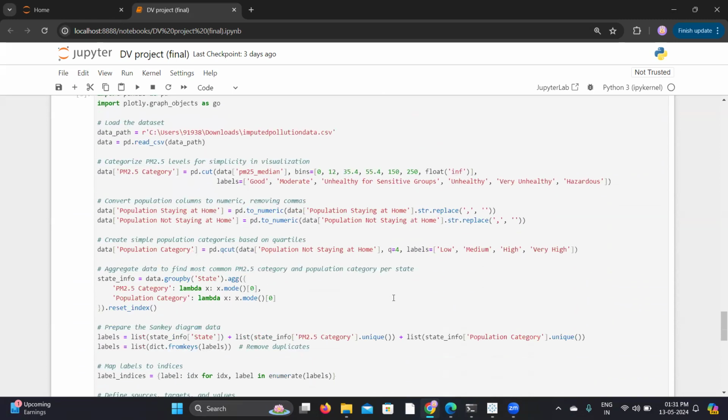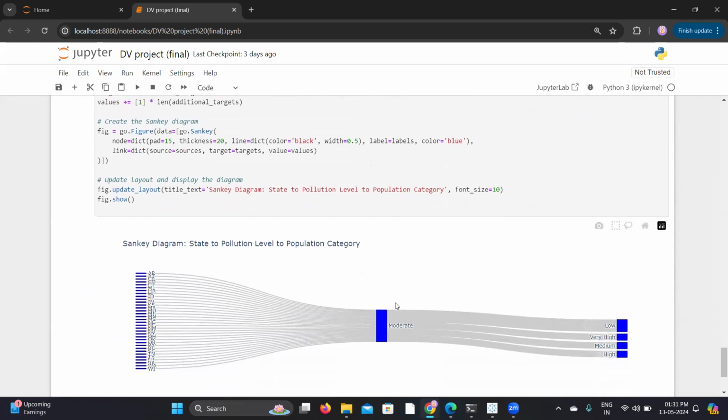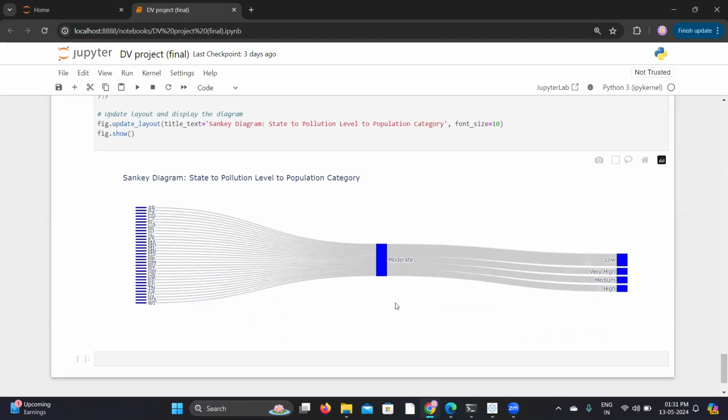So next we have a Sankey diagram, which is a visual representation of pollution and population categories across various states. All states here uniformly flow into a single pollution category labeled moderate, which then diverges into four population mobility categories, which are low, very high, medium, and high.